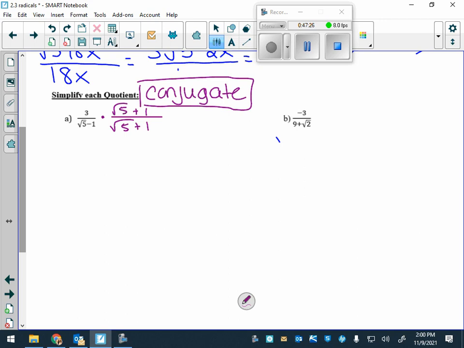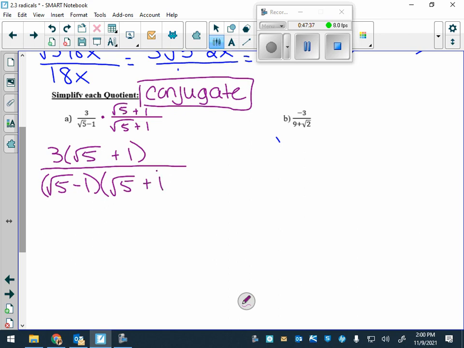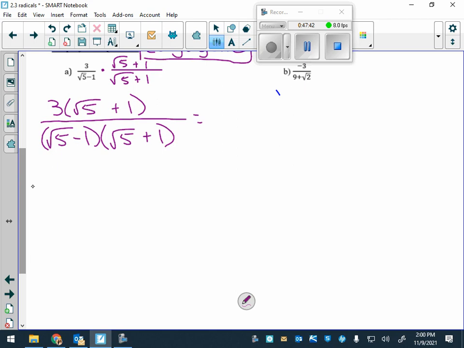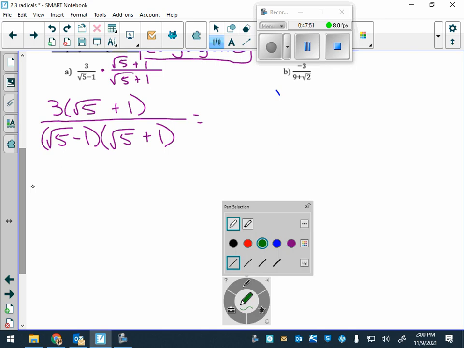So I'm going to write it as one fraction. This is what it looks like as one fraction. So what would I have to do in the numerator? Esteban? Good. 3 root 5 plus 3.